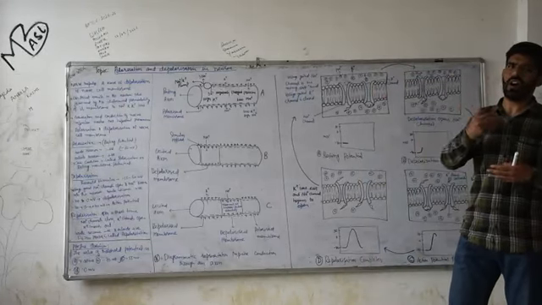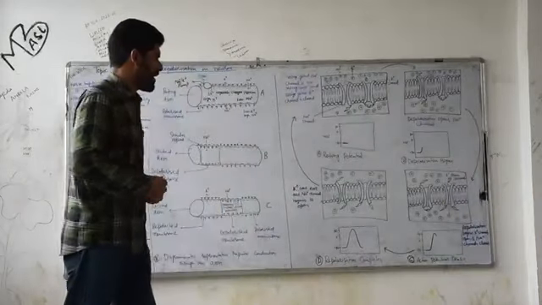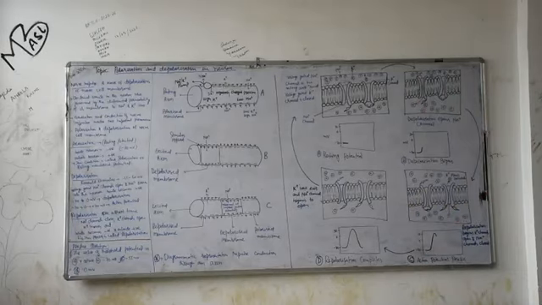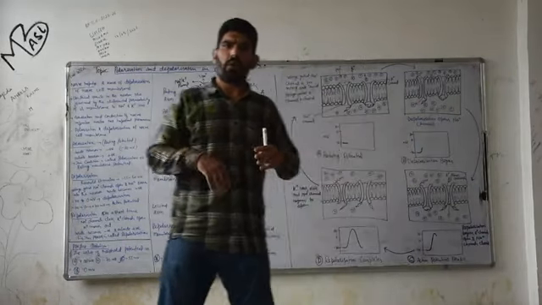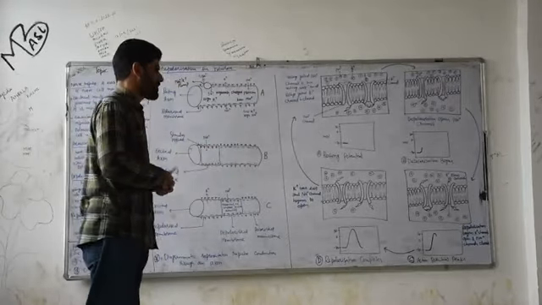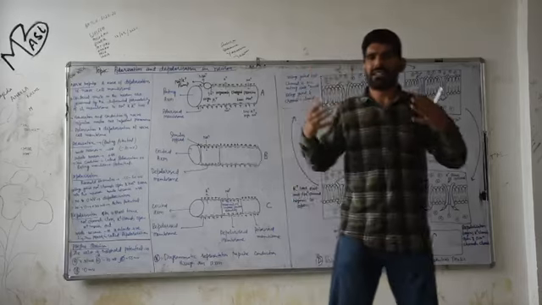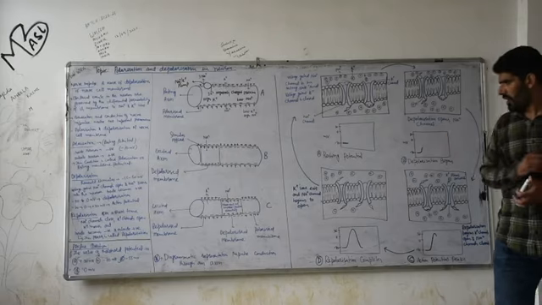But sometimes, dear students, an excess number of potassium ions move outside and outside becomes highly charged, and the membrane potential drops below minus 70, say to minus 80. Then it is called hyperpolarization.